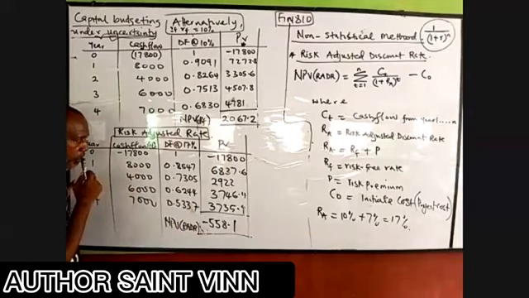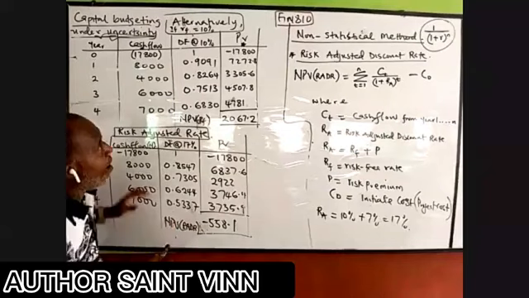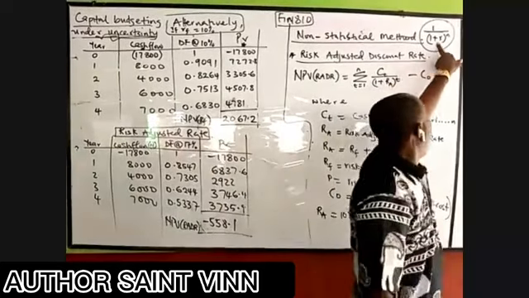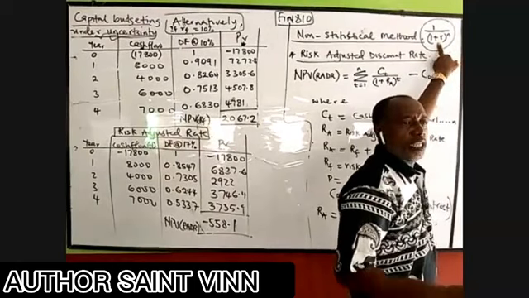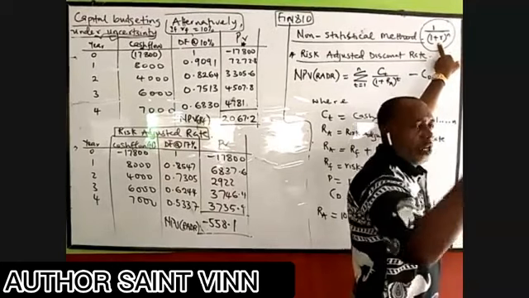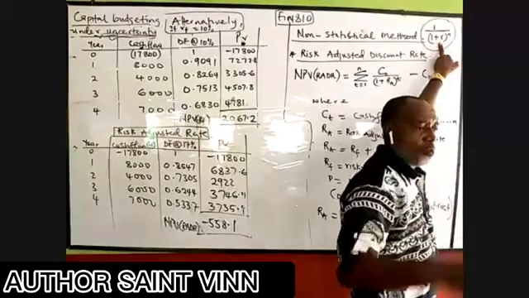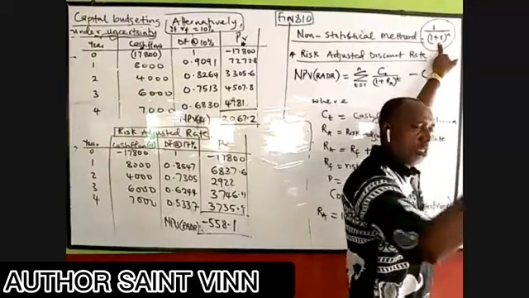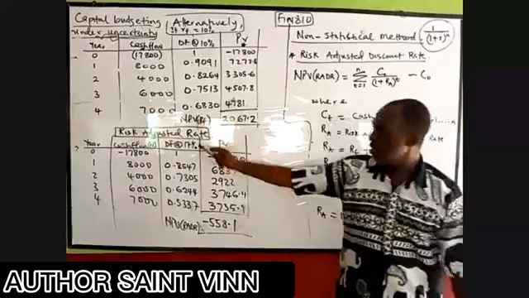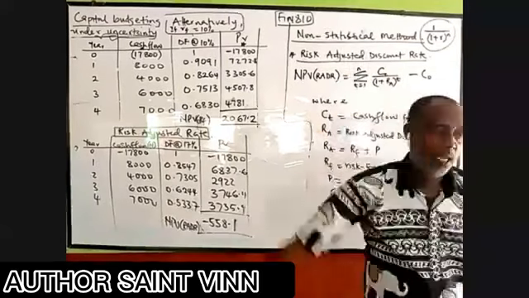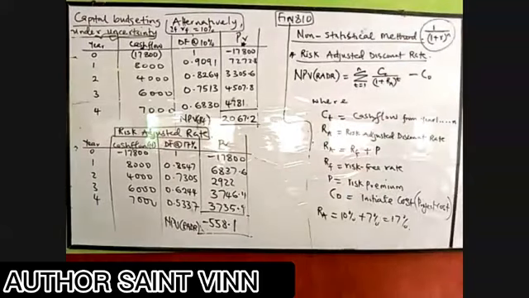That one is the formula: 1 over 1 plus r raised to power n. So when you have gotten 1.17 for year 1, divide year 0 by 1.17, get year 1. Divide year 1 by 1.17, get year 2. That is the first way of getting all this. Is it clear? Or you do it one by one. You still get the same.